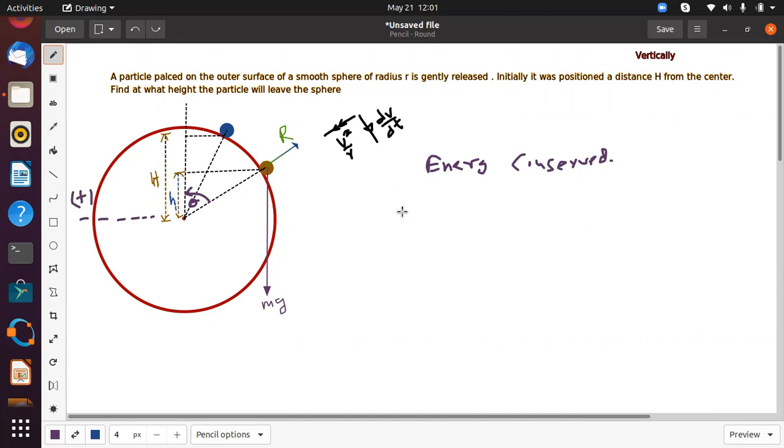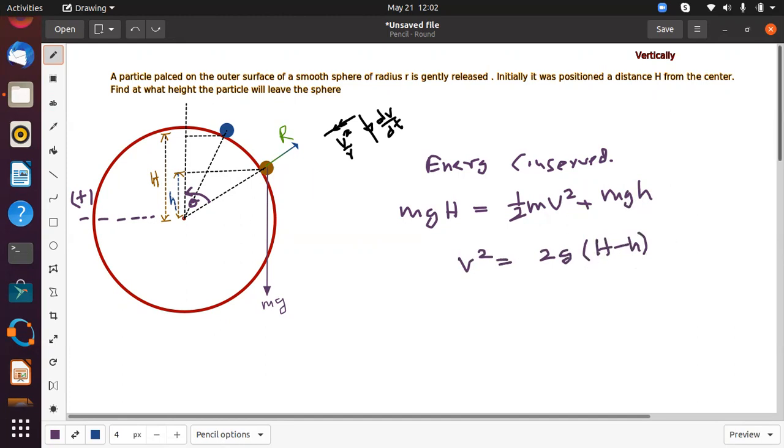So this would be mg capital H, and at this position the total energy of the system would be half mv squared, because it acquires velocity, plus mg simple h. I have mentioned simple h is the vertical height. This vertical height is what matters for the potential energy change. Based on this equation, we can obtain v squared equals 2g times capital H minus simple h.